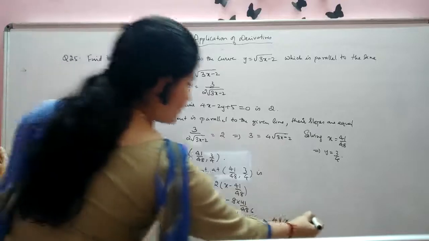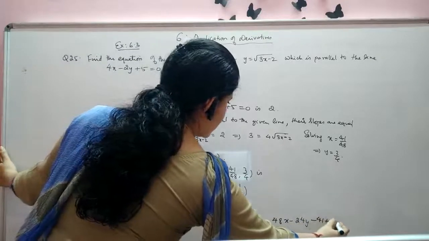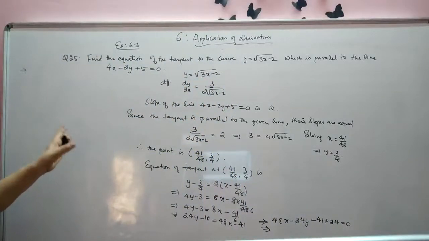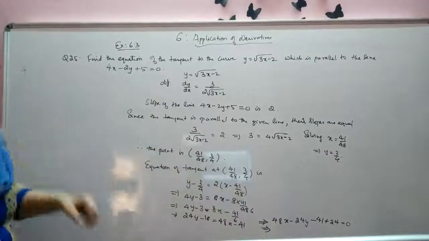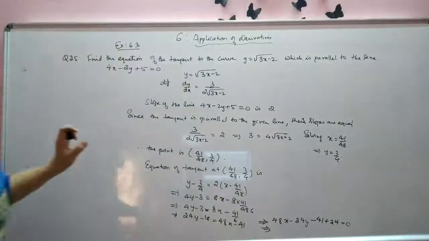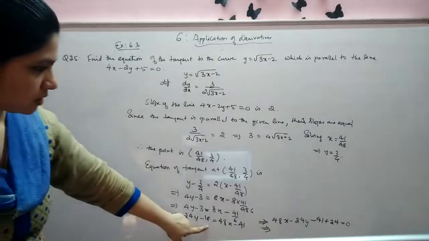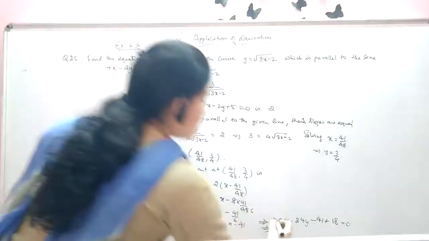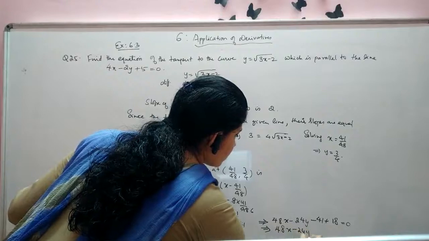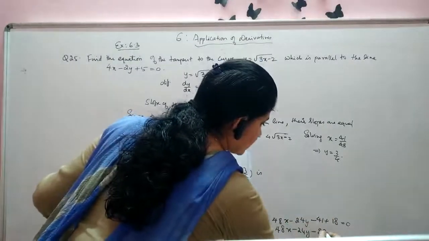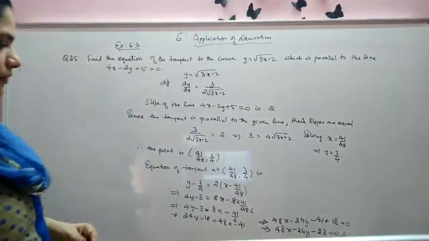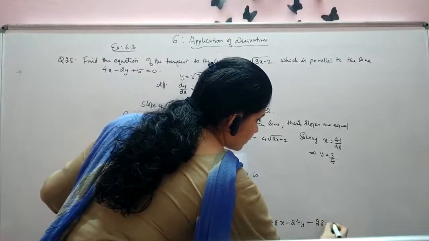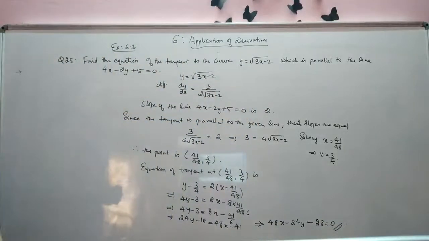This has come here, so you get minus 41 plus 24 is equal to 0. Sorry, this is 18, right? Plus 18 equal to 0, and here you will get 48x minus 24y. This will give you minus 23 equal to 0, correct? 48x minus 24y minus 23 equal to 0 is the equation of tangent.